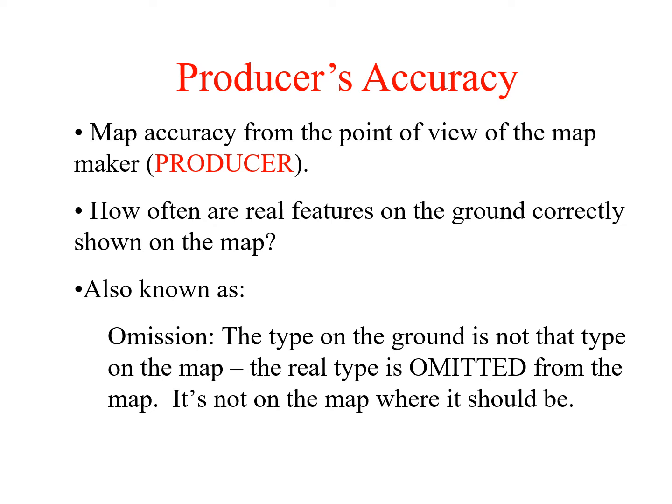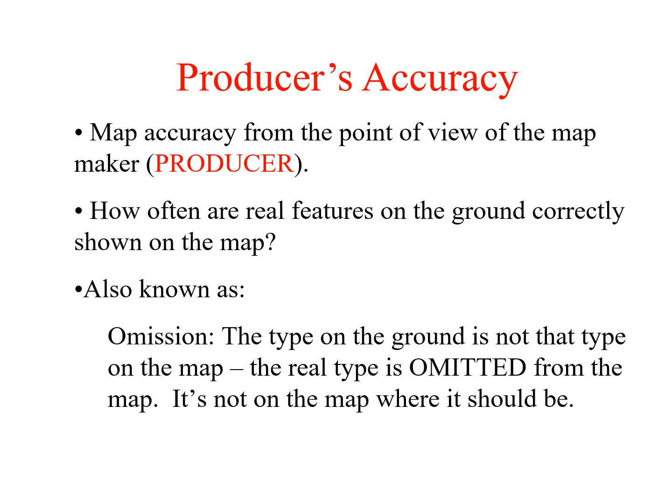We then talk about two kinds of accuracy. One is map accuracy from the point of view of the map maker, the producer. And that's answering the question, how often are real features on the ground correctly shown on the map?